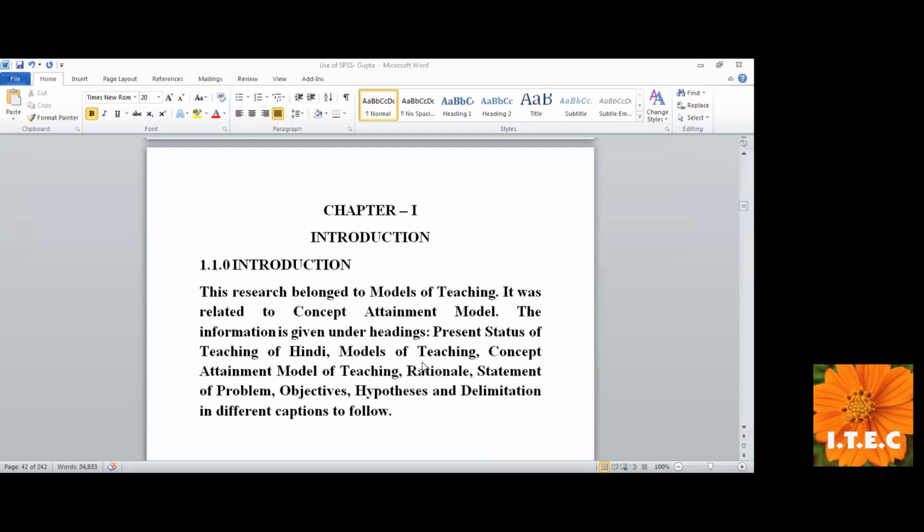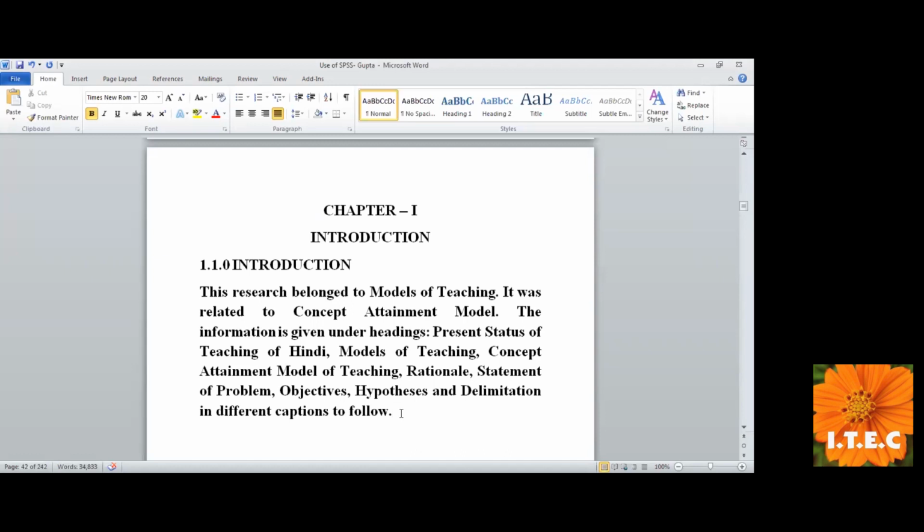So these are the things which you know from the introduction. So introduction will save a lot of time. Okay. So therefore, it's very, very important.